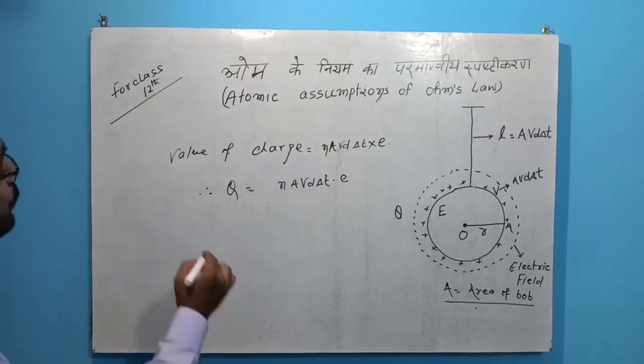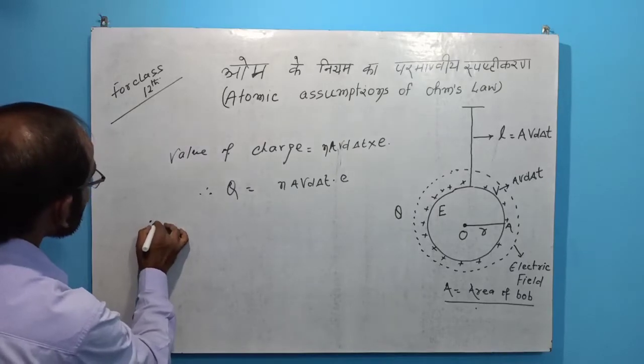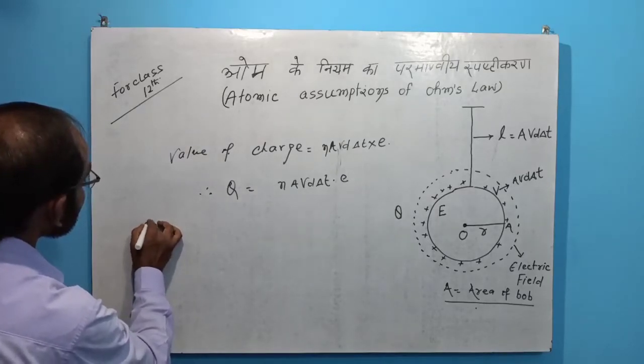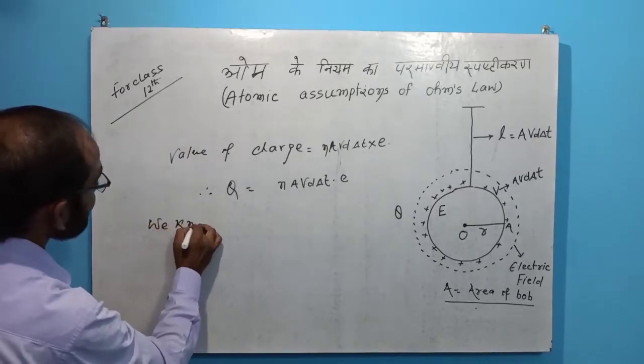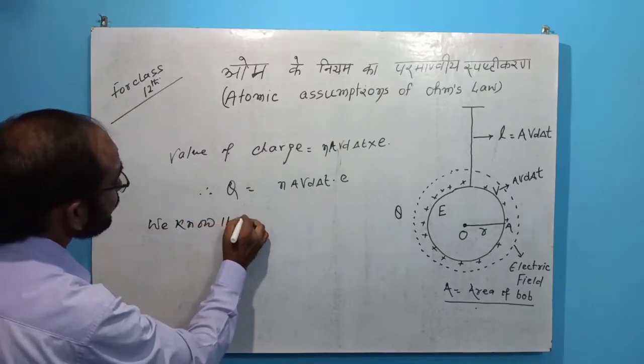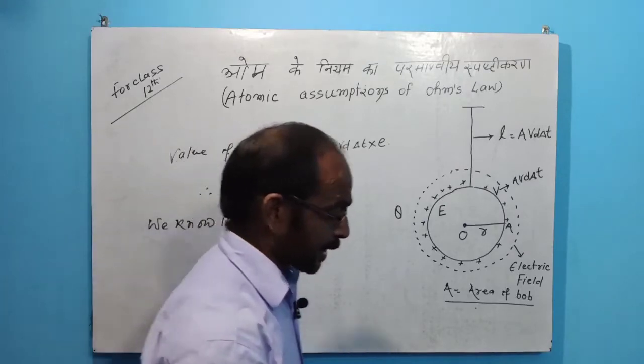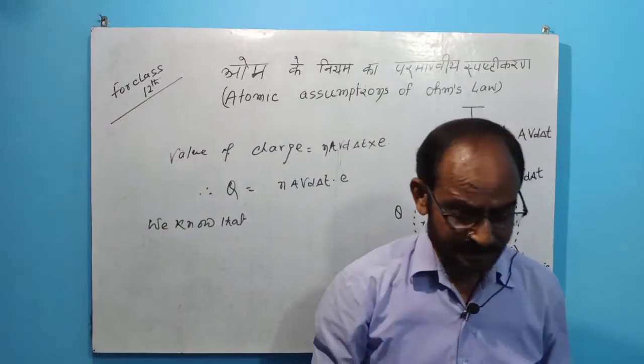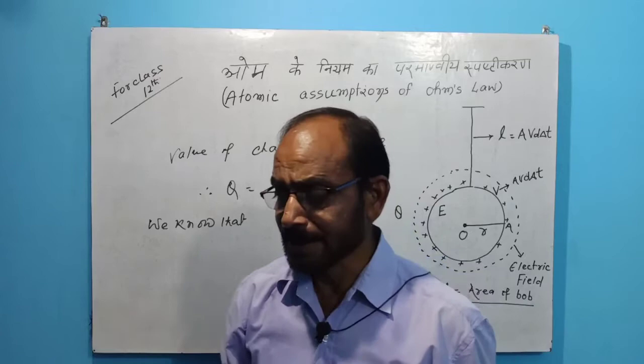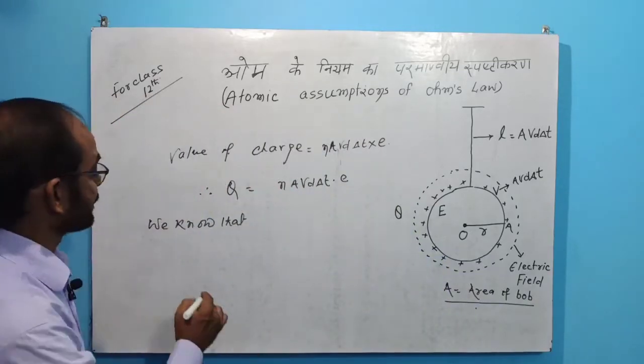Therefore, we know that charge flow per second in a conductor is called current.